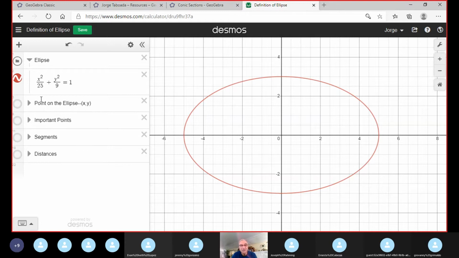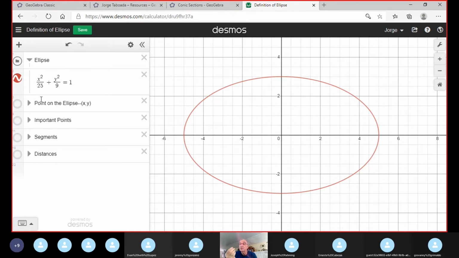The major axis is located on the x-axis. And tell me please, what is the A value and what is the B value? A squared, by identification, is 25.